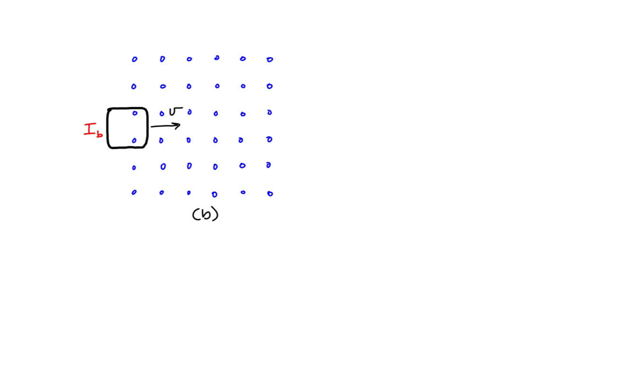Here we have a conducting loop that is entering a magnetic field, so the magnetic flux is increasing. Since the magnetic flux is increasing, the change of magnetic flux will induce a current in the loop that will create a magnetic field to oppose the change of magnetic flux.